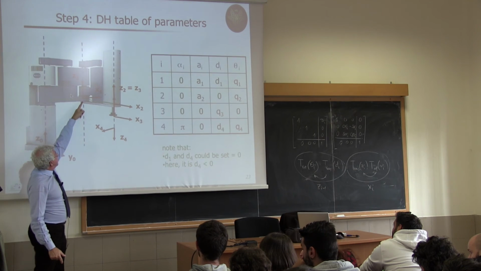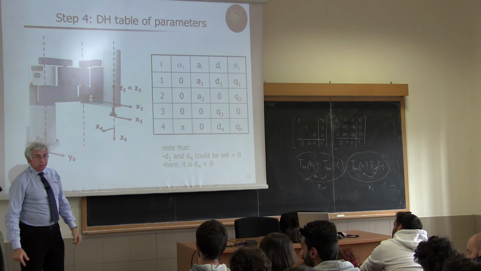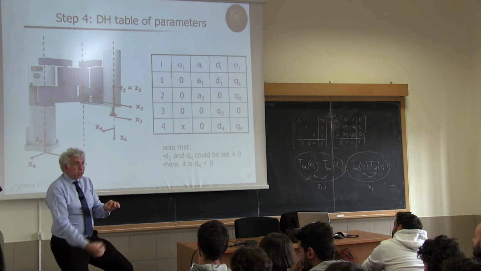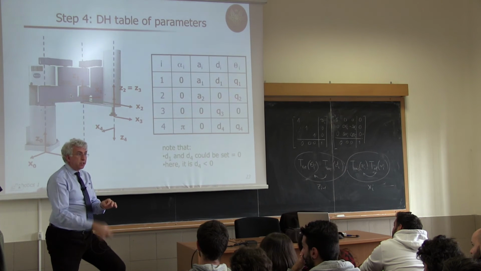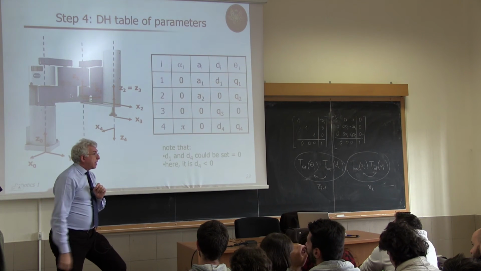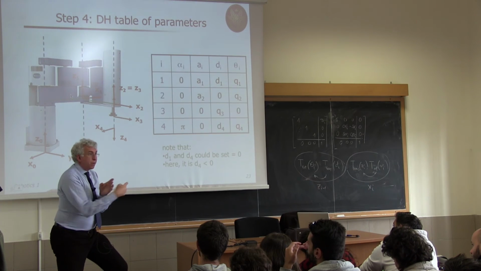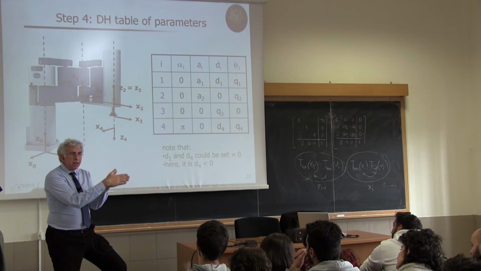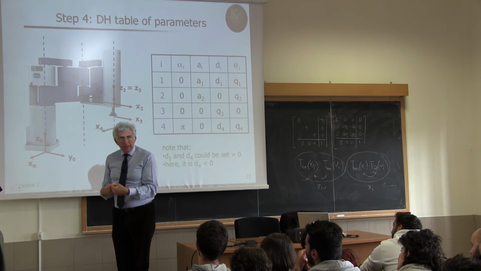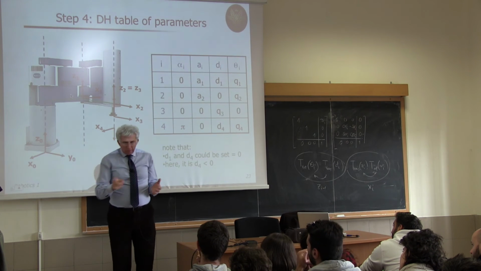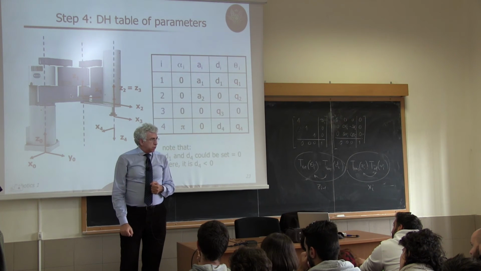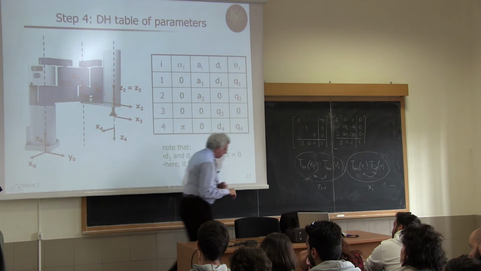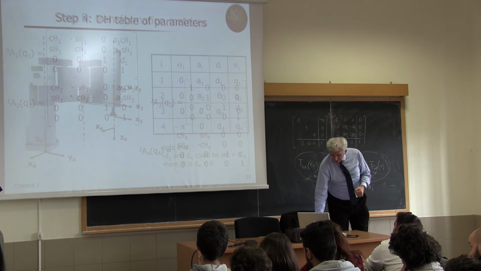Now I want to express it in this frame. Since this frame is rotating with theta 1, this will be just D1 along the z direction and A1 along the x1 direction. There's no y1 because I'm moving with the frame, which is moving with the link. So when I'm on board of this, I see a constant vector going from origin 0 to this origin 1. Maybe this is confusing at this point, but think about it.